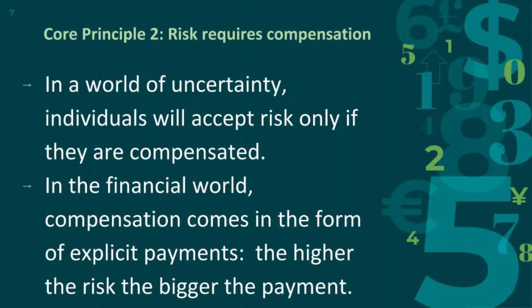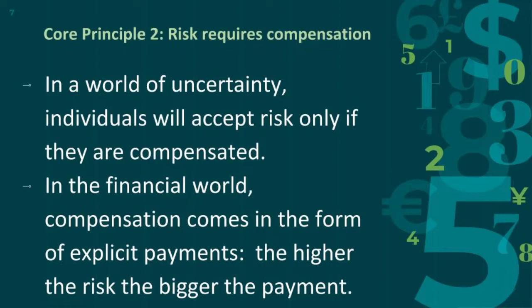You're taking a risk. Now, you would not take the risk if you didn't have a higher expected return, right? So you need a compensation in order to take that risk. Otherwise, why not just put the money in the savings account and enjoy the safe interest?